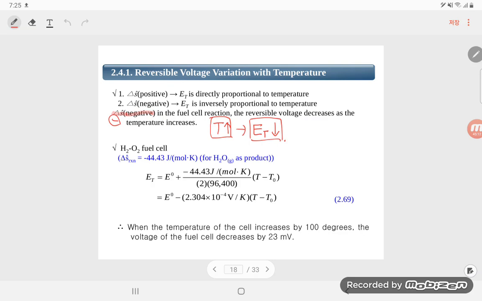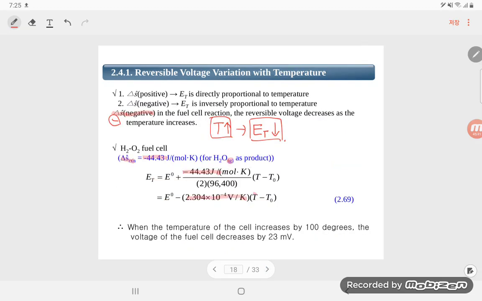In the hydrogen fuel cell, the delta S of the reaction is in the table. We can find it is minus this value, for the case of the product in gas form, and if you insert this value into here, delta S, then we can get this one.